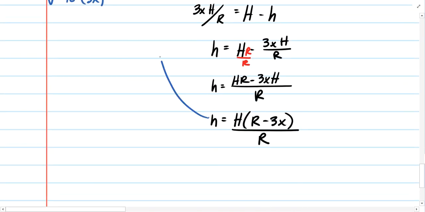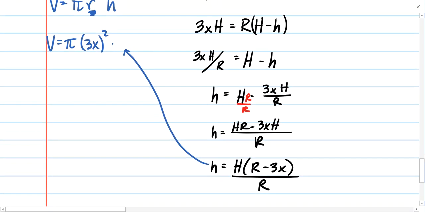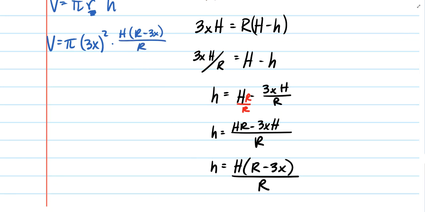And we can make this substitution, that the height of the cylinder is equal to the fraction capital H times capital R minus 3x divided by capital R. We can simplify just a little bit here. 3x times itself is 9x squared. For right now, we won't mess with this fraction. We won't replace the capital H or capital R.